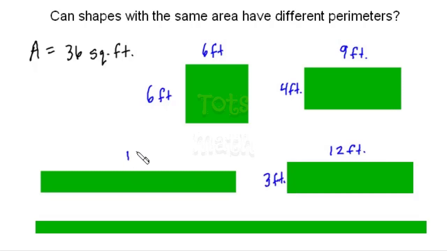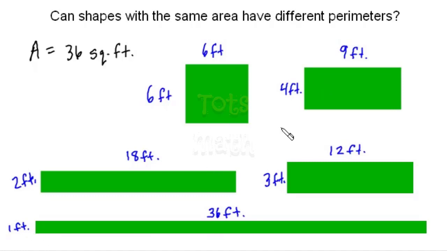Or the garden could be 18 feet long and 2 feet wide. And another possibility is a very long, narrow garden that measures 36 feet in length and only 1 foot wide.